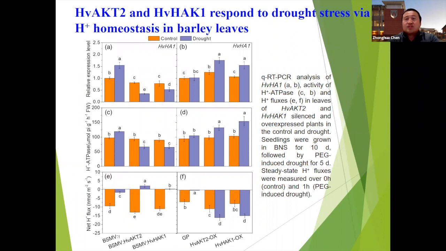Quite interesting results, and those are measurements from barley leaf. We measured ion flux from the mesophyll cells, not isolated mesophyll protoplasts. We actually peel the leaf and let it sit for some time to stabilize, then measure ion flux from those mesophyll cells.